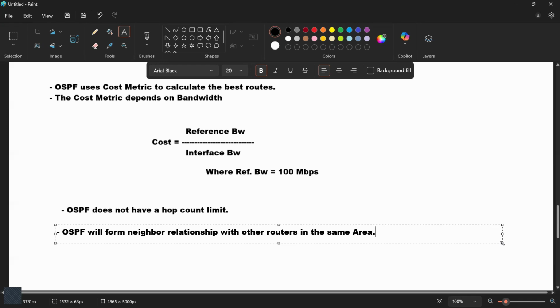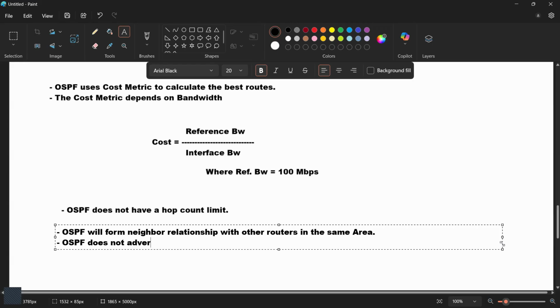Okay, in the same area. Next, OSPF does not advertise distance.